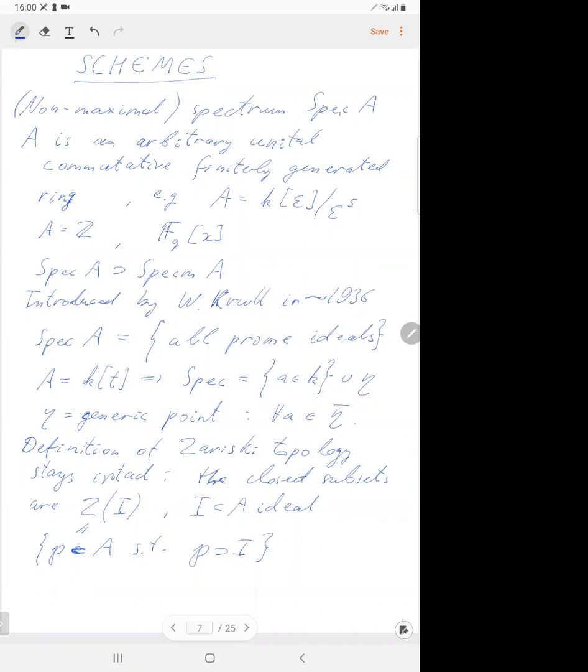Yeah, the zero prime ideal. The generic point is the zero ideal. So it's not necessarily prime. Yeah, it's prime only if A does not have zero divisors.